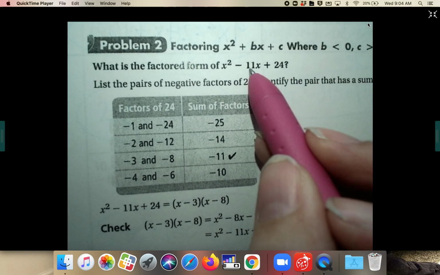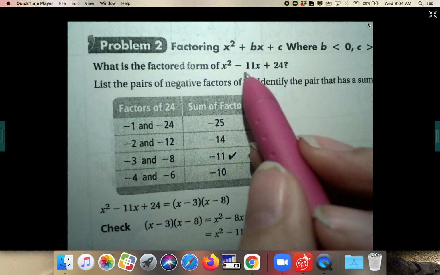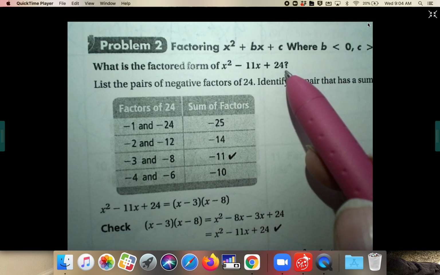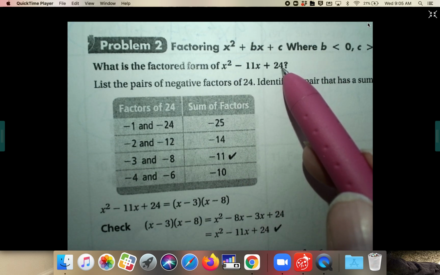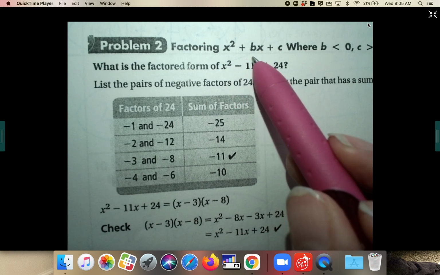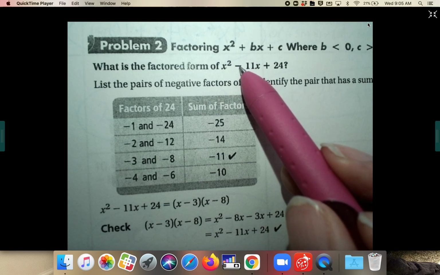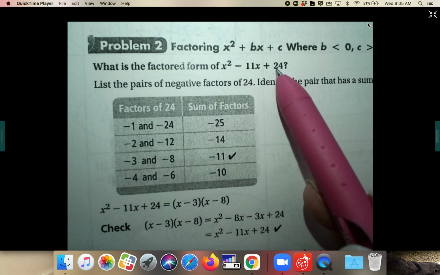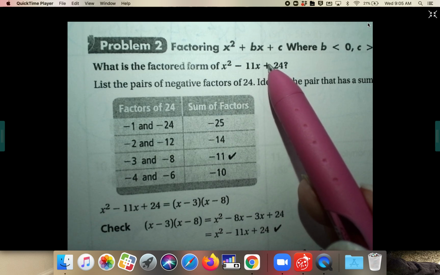Okay, I'm going to add a little something to it now. Now my B term, which is this middle term, is going to be a negative. So we're still going to come up with factors of 24, but when you multiply to get 24, it needs to end up being a positive. And when you add, it's going to need to be a negative. So let's think that through. What can you multiply to end up being positive?